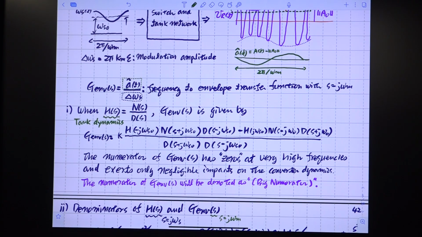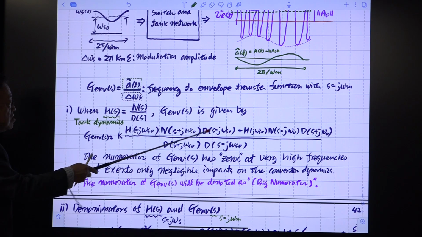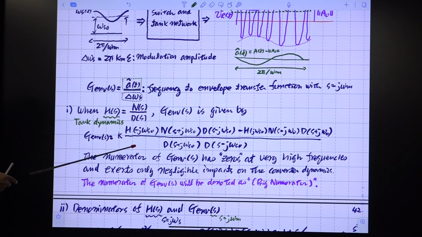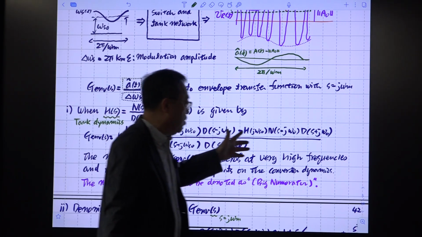G_ENB(s) is related to H(s), the tank transfer function, in a very complex manner. So it has many terms, okay? H is the transfer function itself, N is the numerator part of this tank transfer function, and D is the denominator part of this transfer function. So it's a very complicated expression.